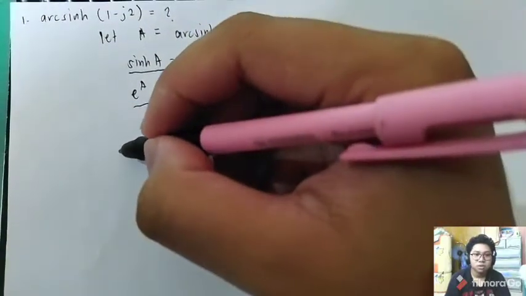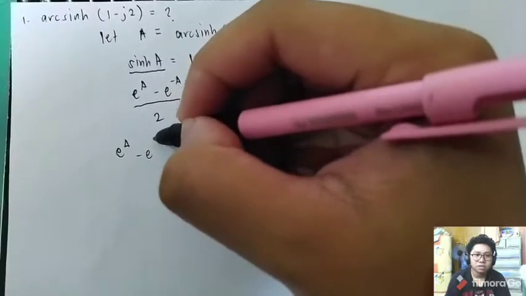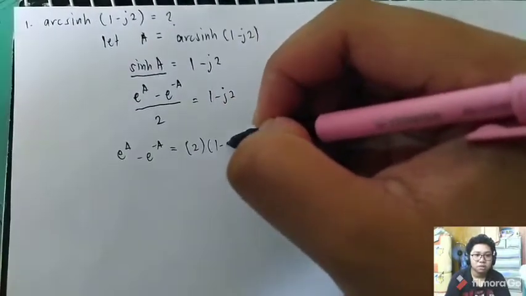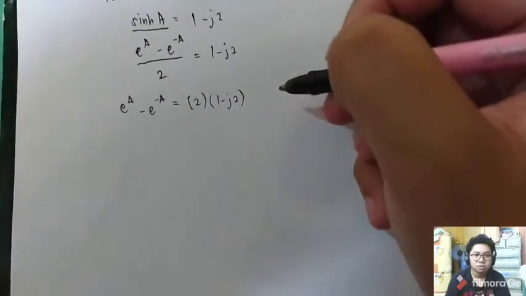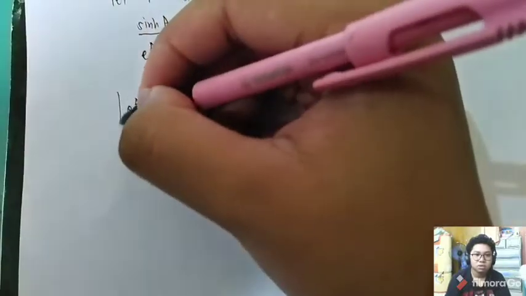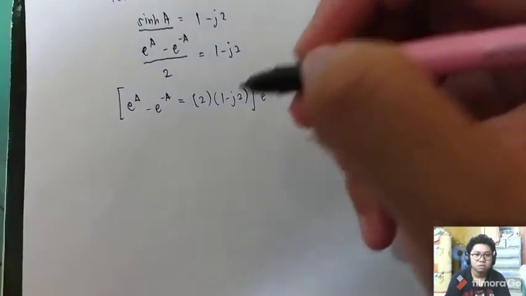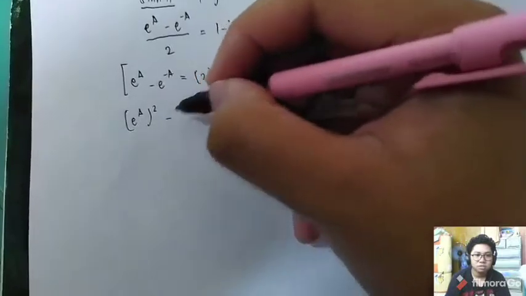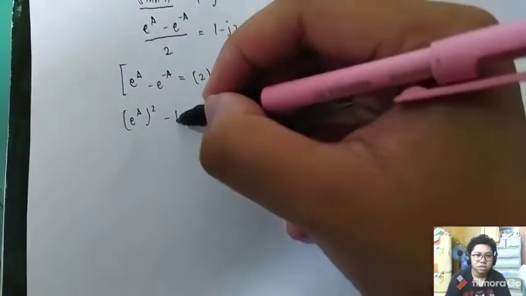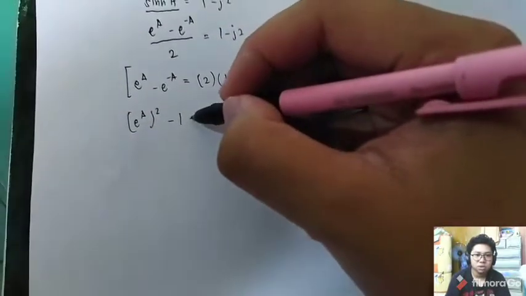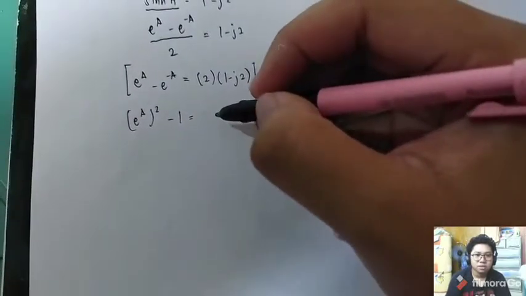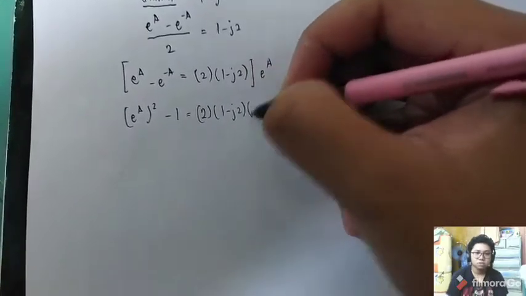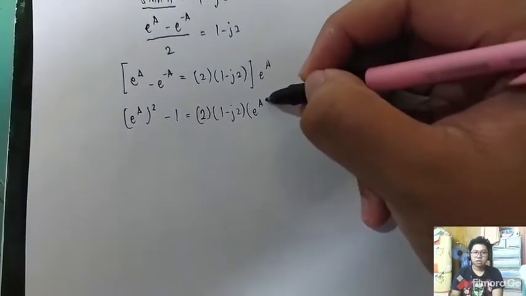Then we will cross multiply, that is e raised to a minus e raised to negative a equal to 2 times 1 minus j2. Then we will multiply both sides by e raised to a. Then that is e raised to a squared minus e raised to 0, equal to minus 1, then equals 2 times 1 minus j2 times e raised to a.